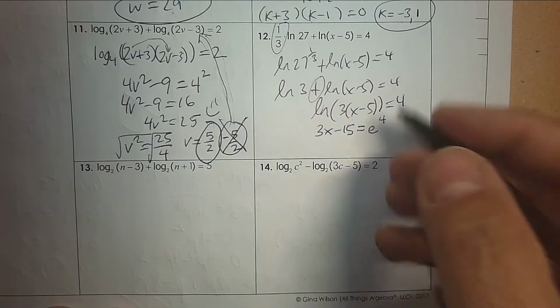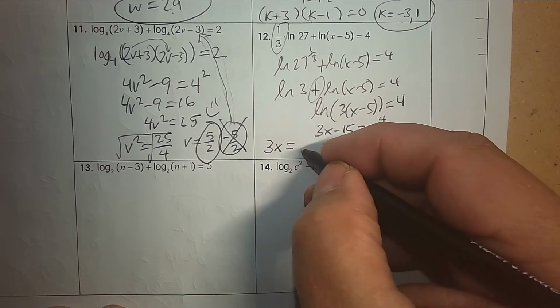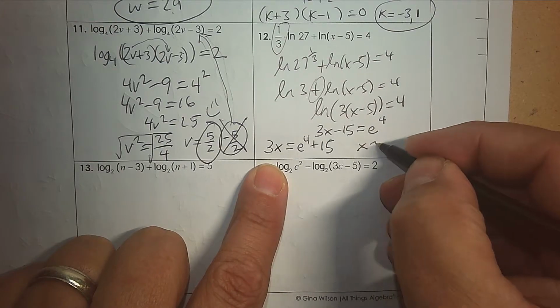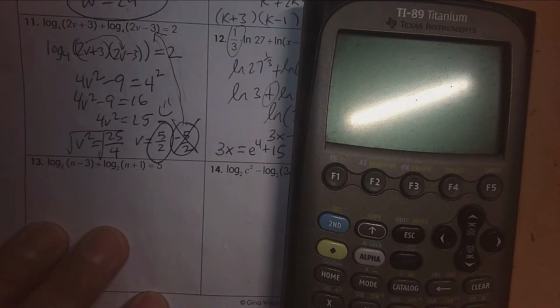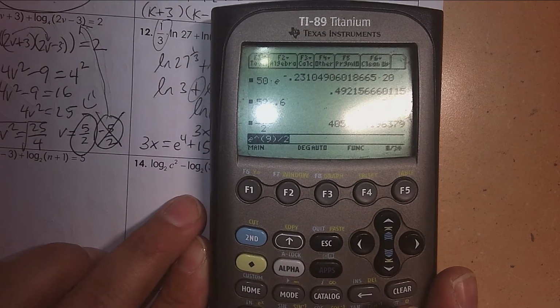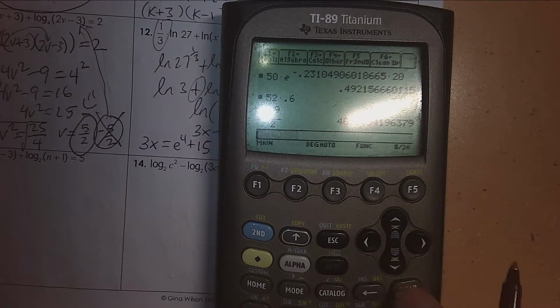Not yet, though. The next step is to add 15. And then what would the last step be? Divide by 3. So let's use your calculator right now. So we're going to go E to the 4. Make sure you close the parentheses. And then plus 15. Get an answer.